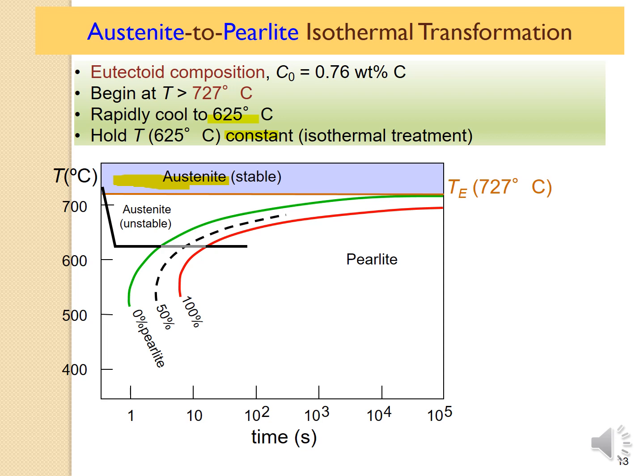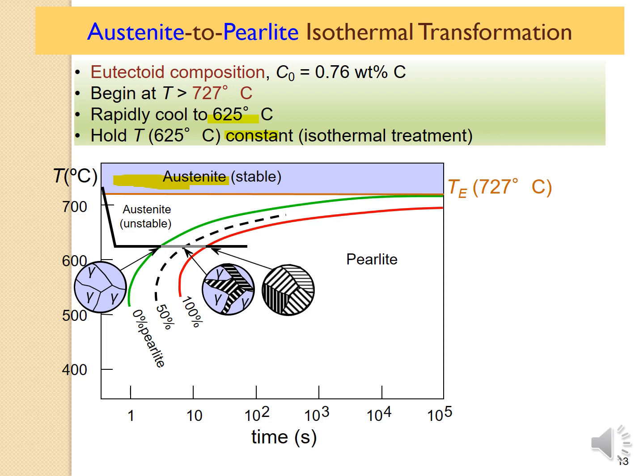At the green line, we have 0% transformation, which means we only have austenite at this time. And then at the middle line, we have 50% of the austenite transformed to pearlite. And finally, at the finish line, 100% transformation, all the austenite will have transformed to this lamellar microstructured pearlite.